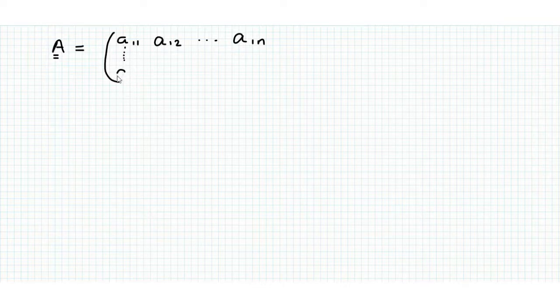It's got Am1, where m is the number of rows, and these go down. These dots mean there could be however many down. In the bottom right corner we've got Amn.